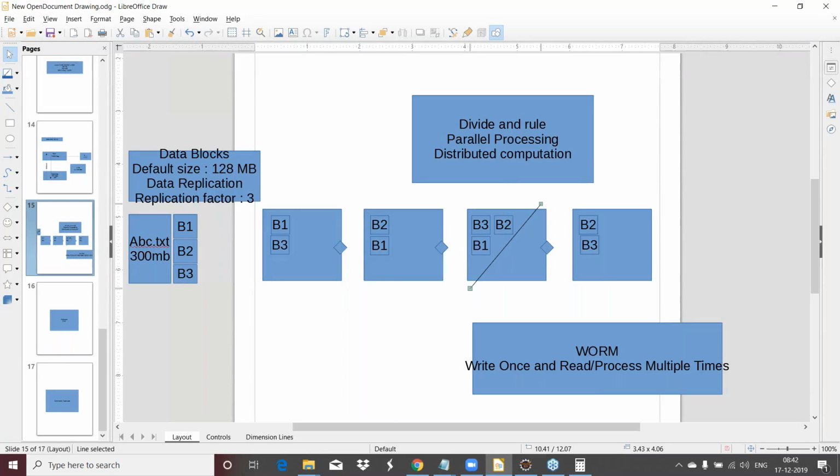But that is not a problem at all, because you still have the other copy of B1, the other copy of B2, and the other copy of B3 available on the other machines. And this is how Hadoop makes sure that it is a highly reliable solution.